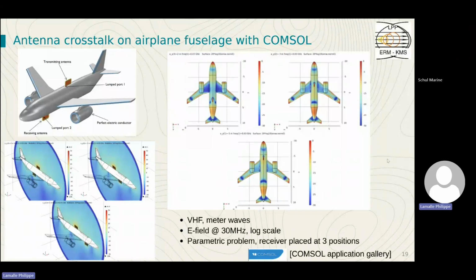And this is an example of these parameterized problems in which, before you start the finite element solver, you say, please compute the solutions for these 3 positions of my receiving antenna, and you get that in a single simulation.